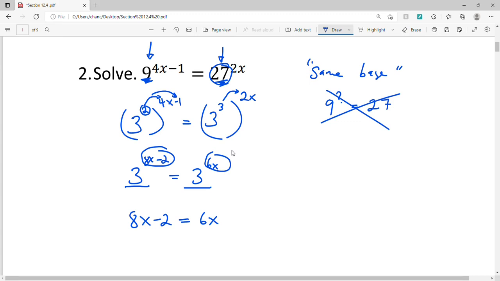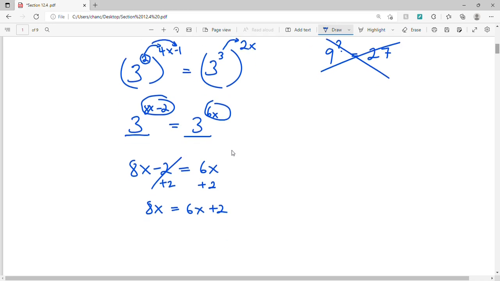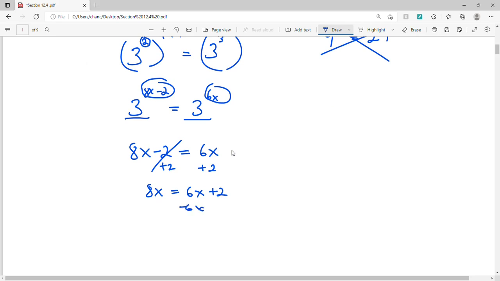I can add the 2 to both sides. This gives us 8x equals 6x plus 2. We can subtract 6x to both sides now. 2x is equal to 2, and if we divide both sides by 2, x equals 1 is our solution.